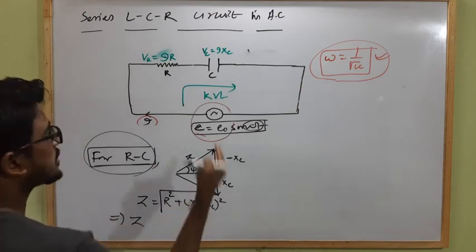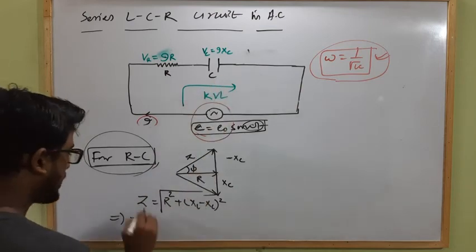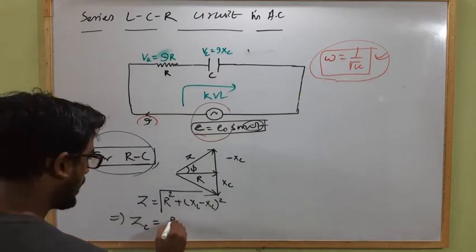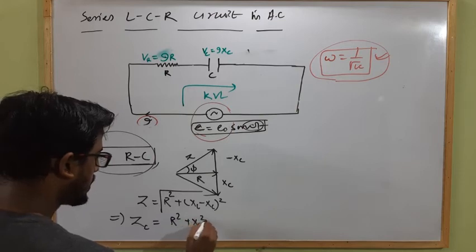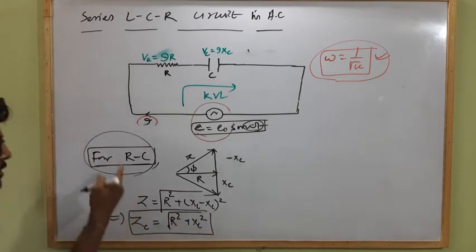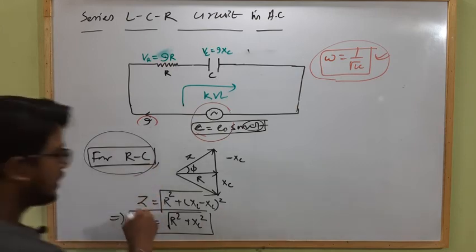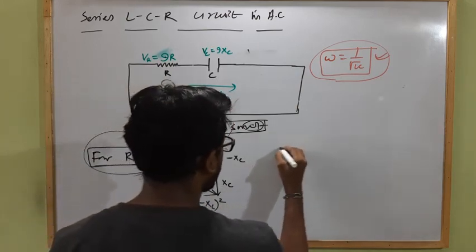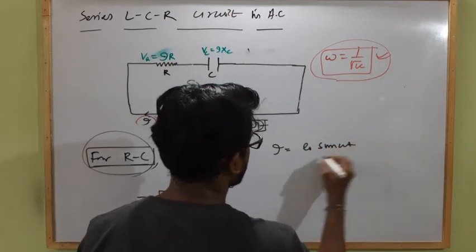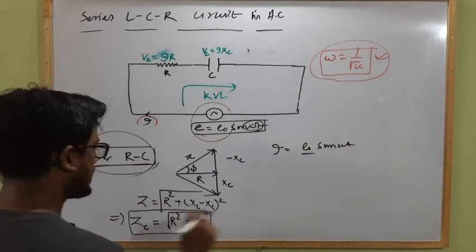As L is absent, this is capacitive impedance. So capacitive impedance equals the square root of R square plus XC square. So this is the net impedance for the RC circuit when XL is 0. So I equals E naught sin omega t divided by Z. What is Z?